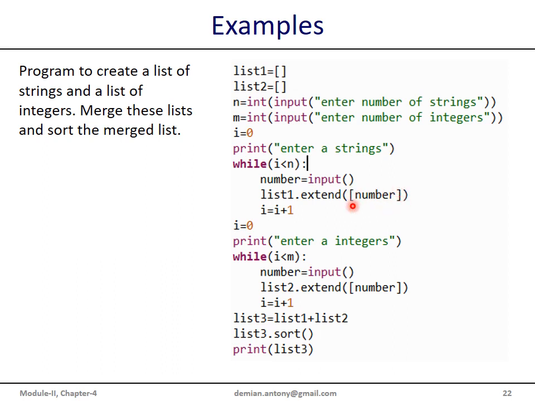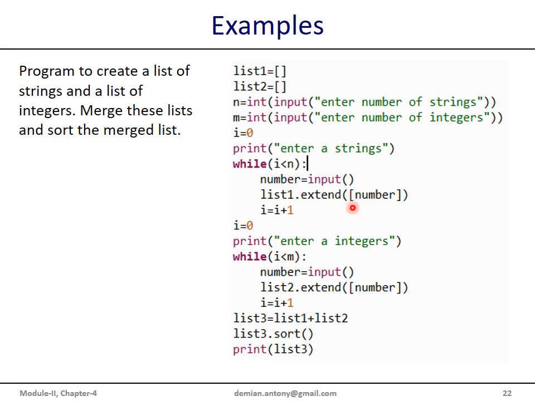What it does is it just extends list1 by adding another list. You can even directly use list1 dot append of the number. You don't have to write the square brackets. Either you can use append or extend.